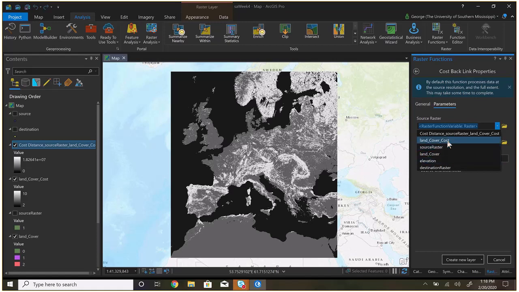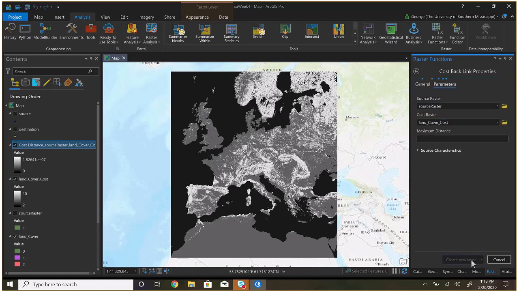So that's going to be the source again. And then the cost raster is the land cover costs. Create a new layer. Something wrong with this layer, actually. Let me see if I can change the symbology there.